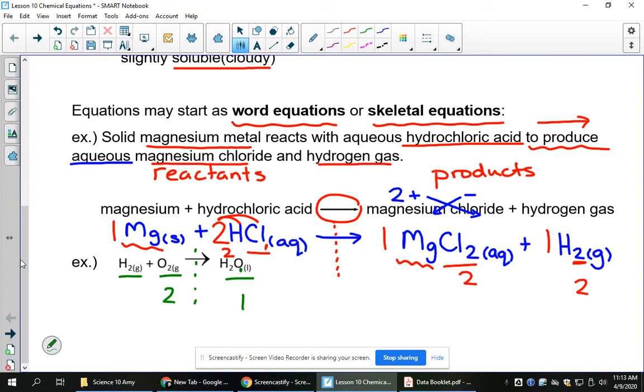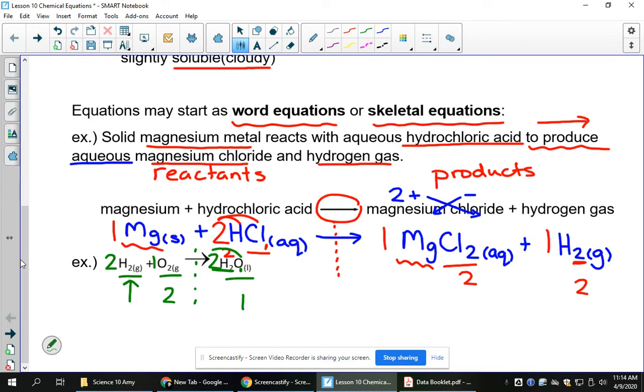How am I going to change this so the oxygens balance? I'm going to put a 2 in front of the H2O. Now there's 2 oxygens, and 2 times 2, there's 4 hydrogens. I need to fix the hydrogens on the reactant side so that there's 4 of them. What coefficient would multiply by the 2 that's already there to make 4?